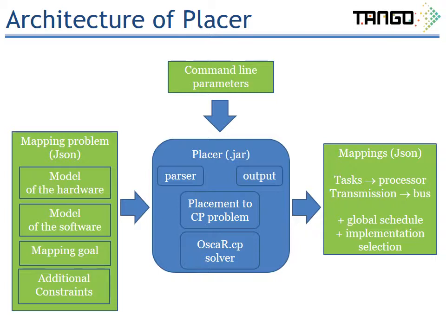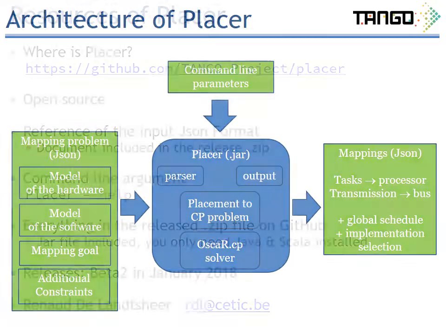The command line defines mostly search parameters such as the time limit and the kind of search engine you want to use, the search procedure. You can use pure CP or an LNS procedure, for instance. And the output is the mapping. Everything is defined in JSON format for simplicity and ease of integration.